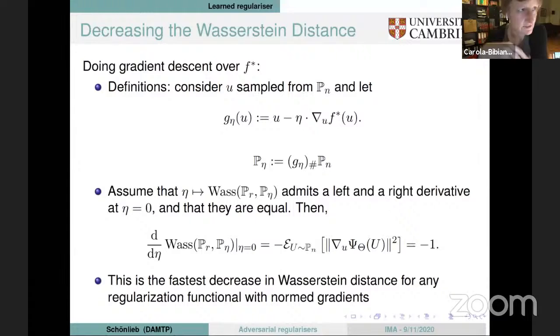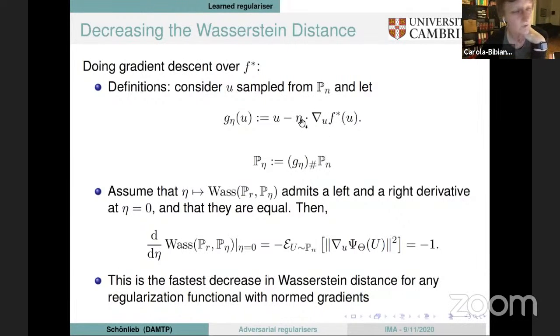let's call it incentive, is that if you look at samples from this noisy distribution Pn, and you start with a sample from the noisy distribution Pn, and then you take a negative gradient step in the direction of the regularizer. So you minimize the regularizer, okay?